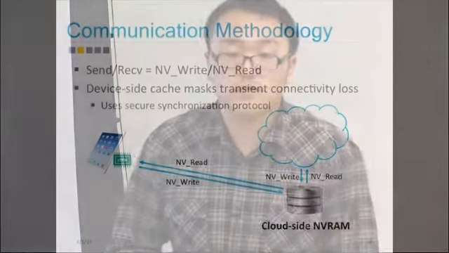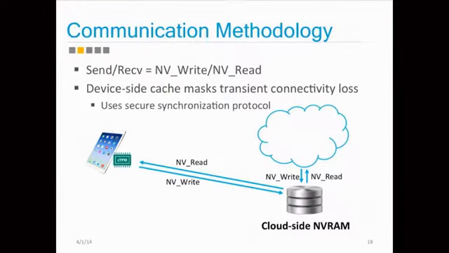So let's talk about the details of this secure communication channel. In cTPM, we use cloud-side NVRAM as the message box for the cTPM device and the cloud to communicate. In general, sending and receiving messages by cTPM is like an NV-write and NV-read to the cloud-side NVRAM.